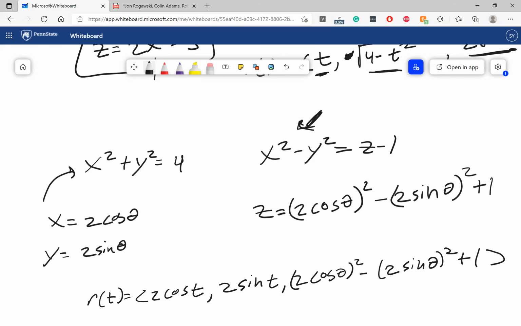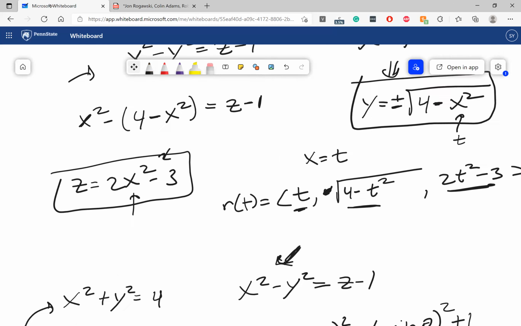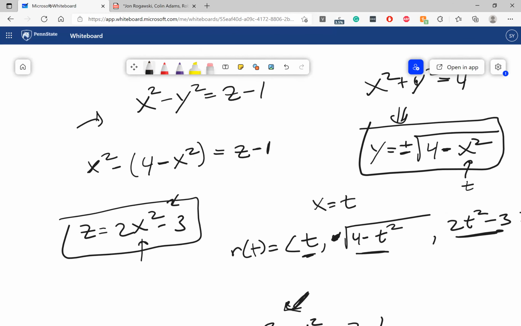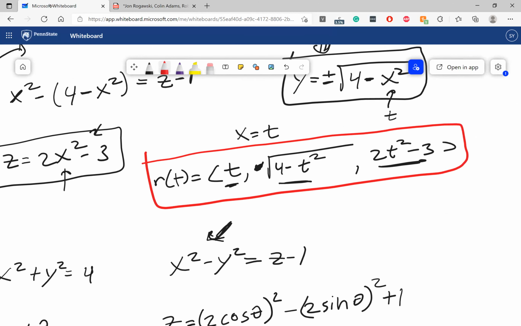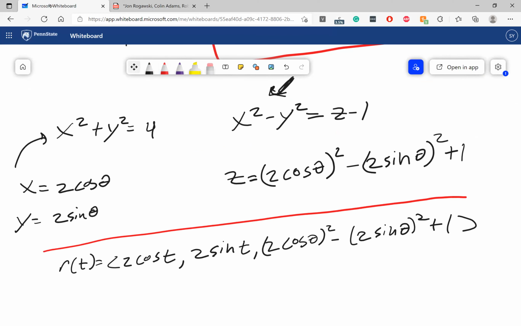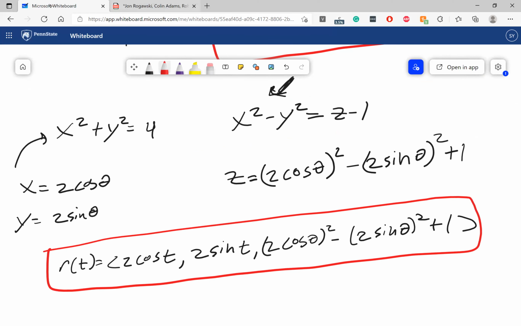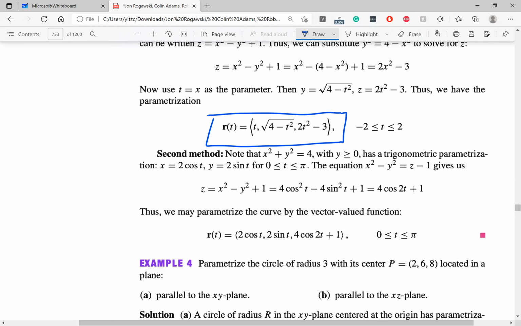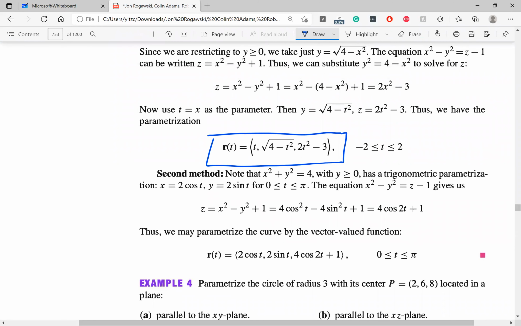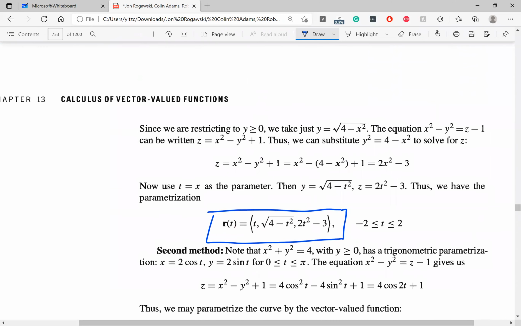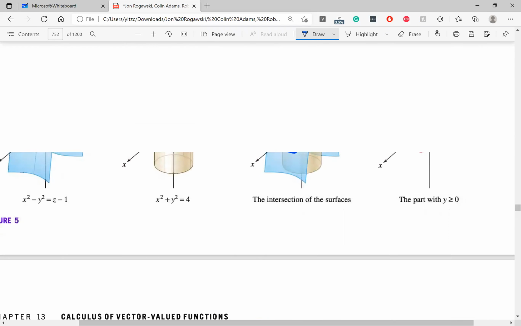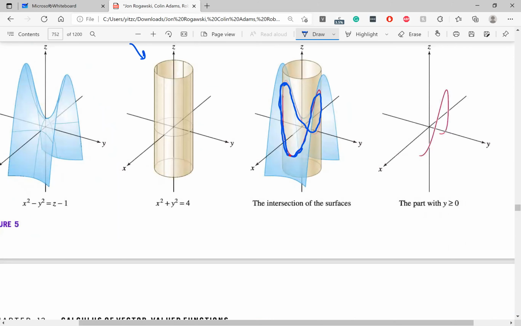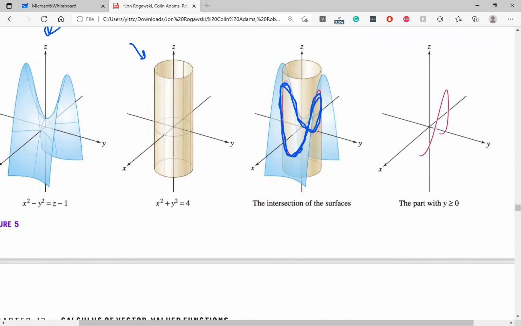So we get 2 different r's of t, but in fact, they lead to the same curve. So the first one was here. This is the first parameterization that we found. And the second one is here. But in fact, they give you the same curve. And the curve that they're giving you is this curve over here. Okay, so that's your r of t now. Any questions about this?